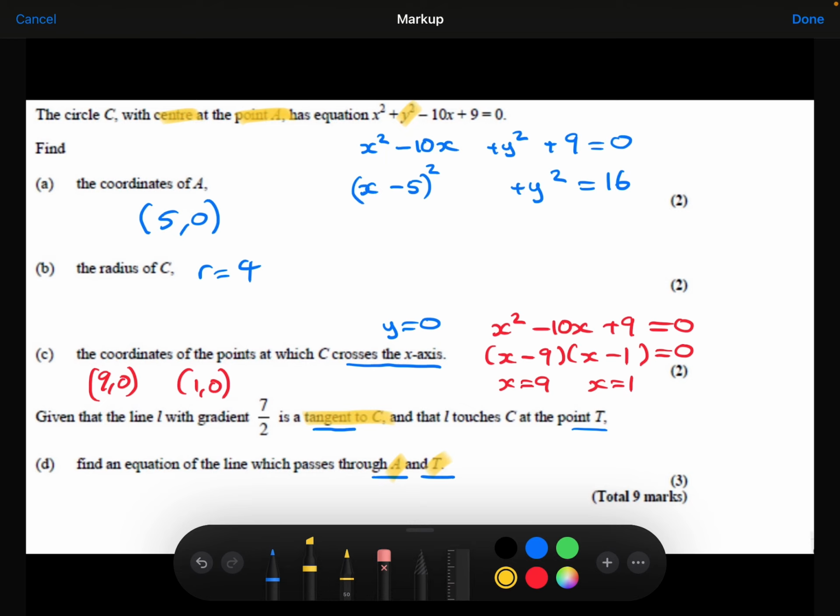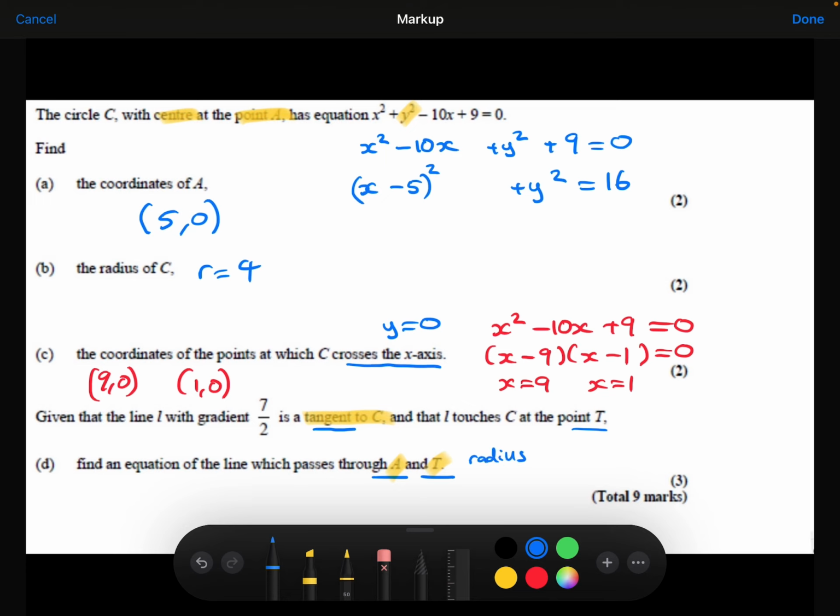So we're working out the equation of the radius here, if you like, because the line that passes through the centre of the circle, A, and point T is going to be the radius.